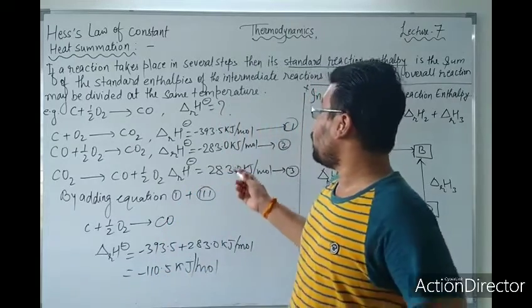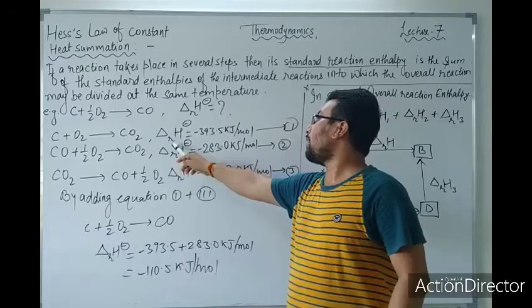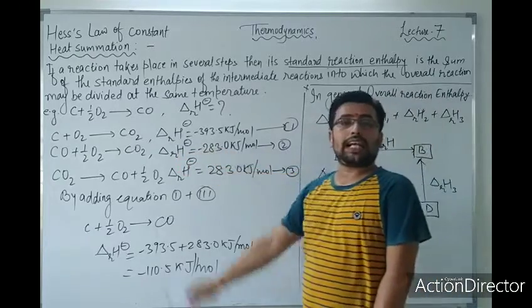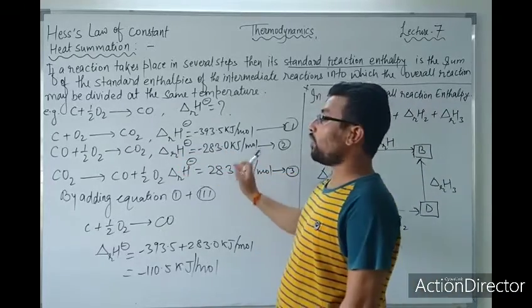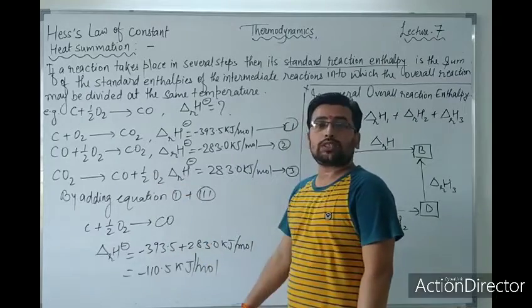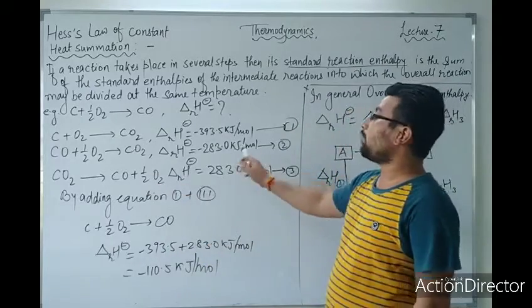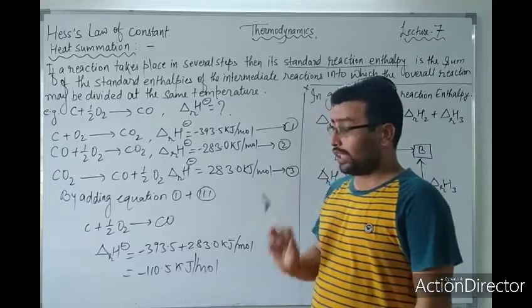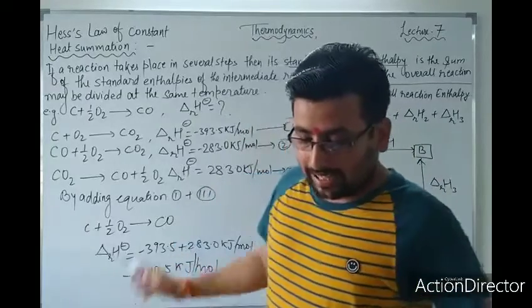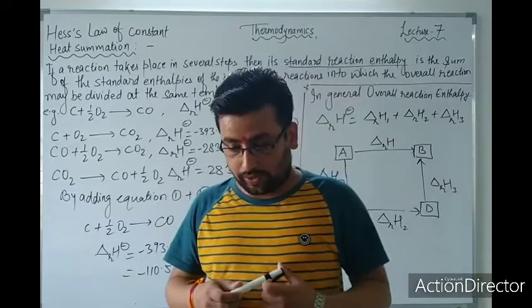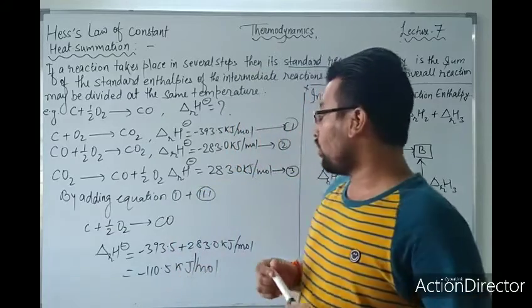So here, carbon plus oxygen gives carbon dioxide with delta HR of minus 393.5 kilojoule per mole, and carbon monoxide plus oxygen gives carbon dioxide with minus 283 kilojoule per mole. Now the question is, we can combine these two reactions in such a way that we can directly get carbon monoxide.